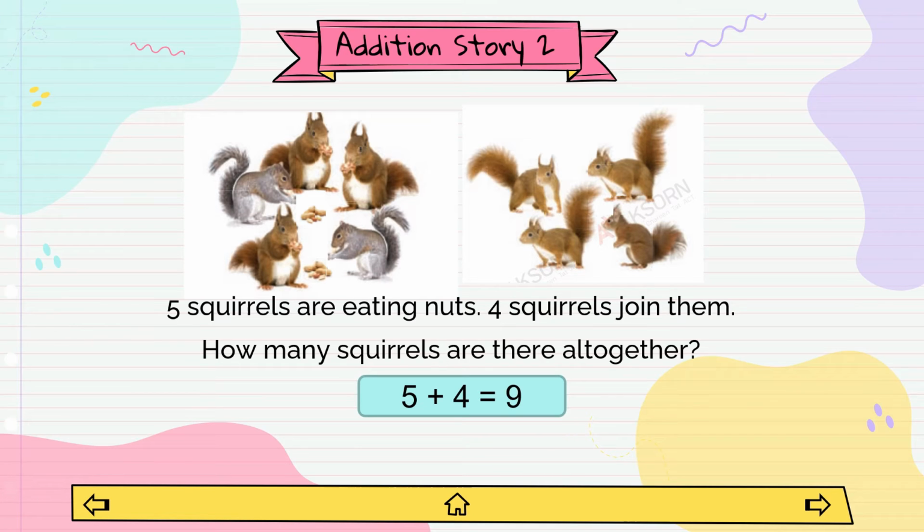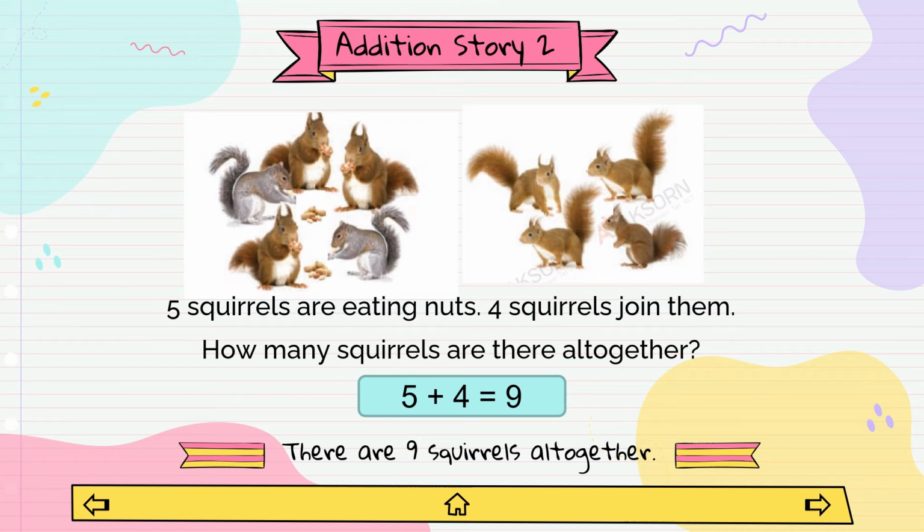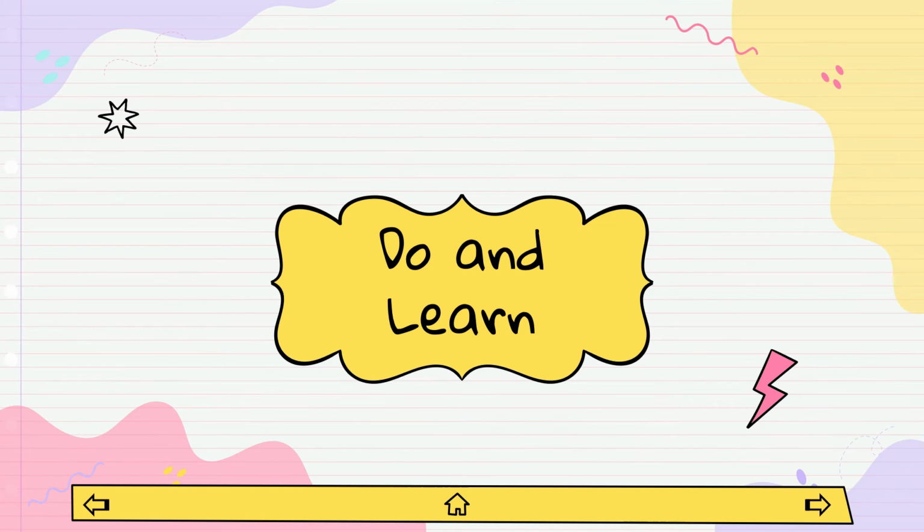So here we put it in the number sentence: 5 plus 4 is equal to 9. So therefore there are 9 squirrels altogether. So now since you all have examples, let's do and learn.